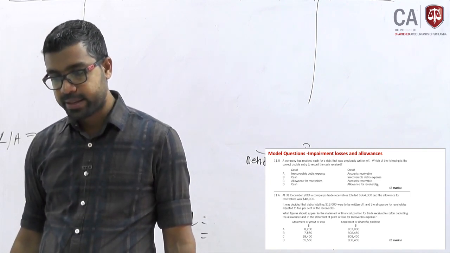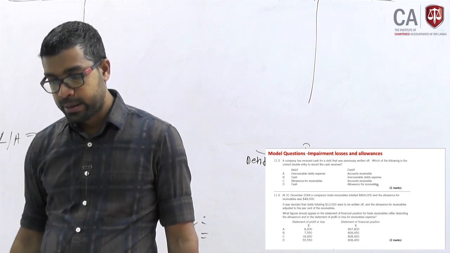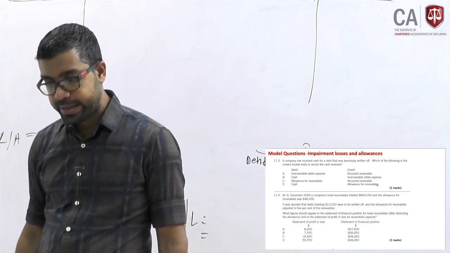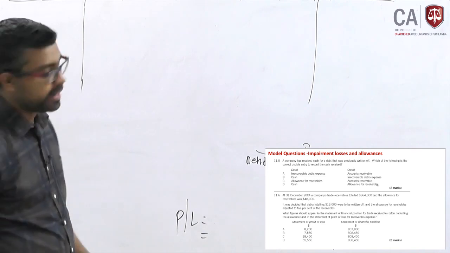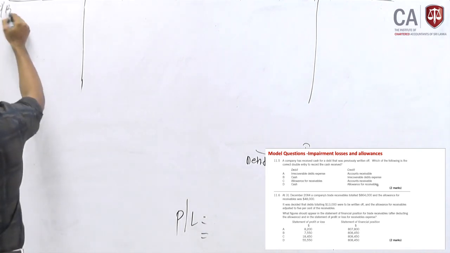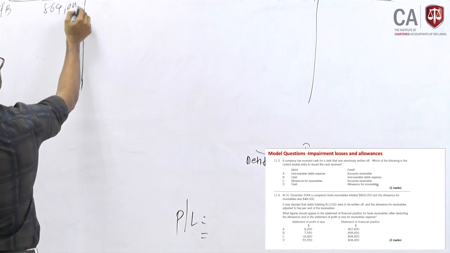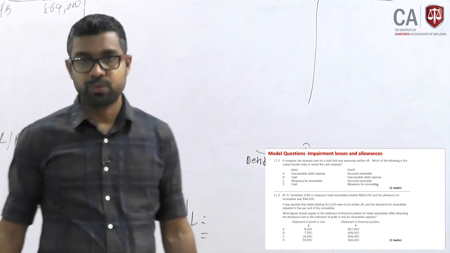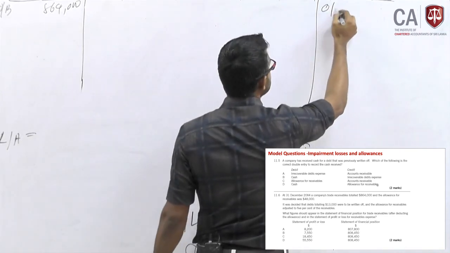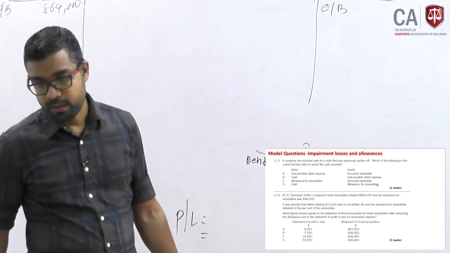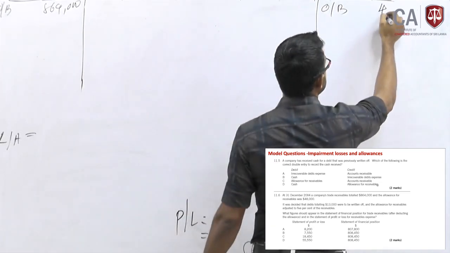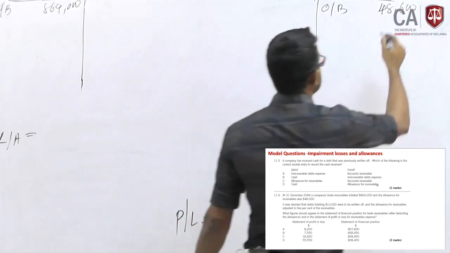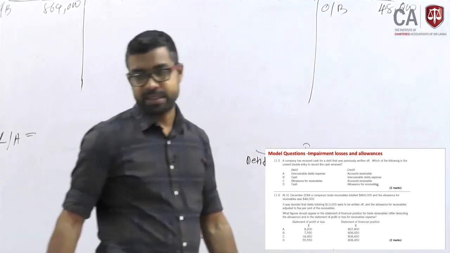At 31st December 2004, the company's total trade receivable was 864,000, the opening balance. The allowance for receivable opening balance was 48,000.